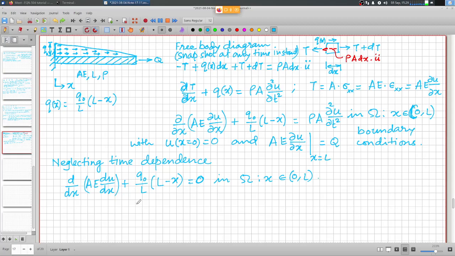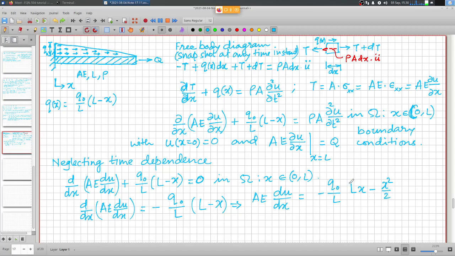So we can rearrange this, and that leads to L minus x. AE times du by dx is equal to, plus C1.